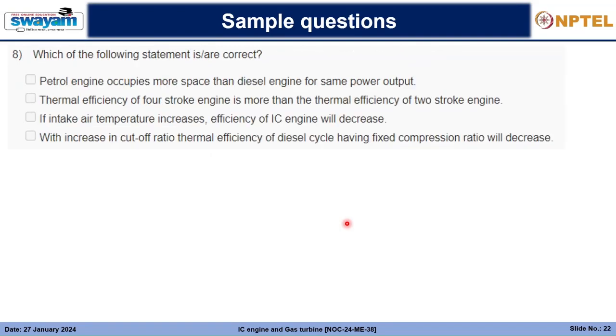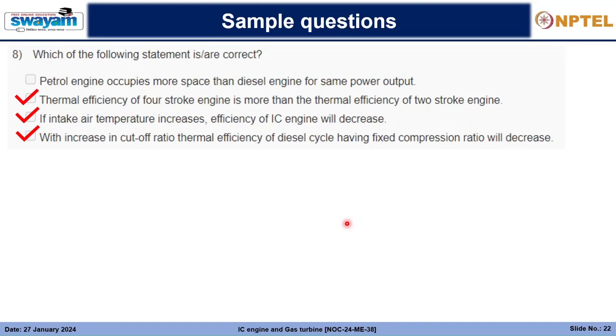Then, which of the following statements is or are correct? The petrol engine occupies more space than diesel engine for same power output. Thermal efficiency for four-stroke engine is more than the thermal efficiency of two-stroke engine. So the correct answers are these.